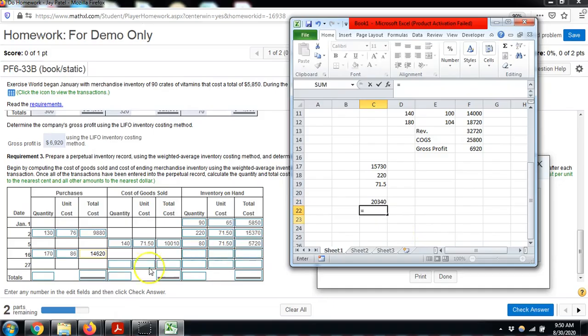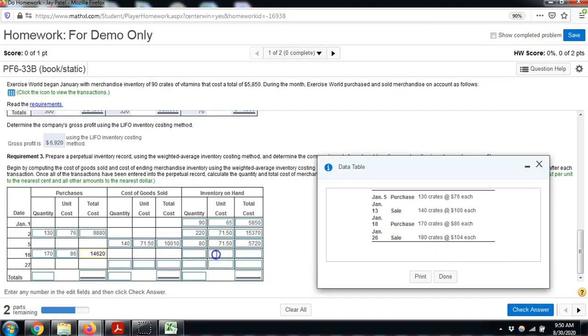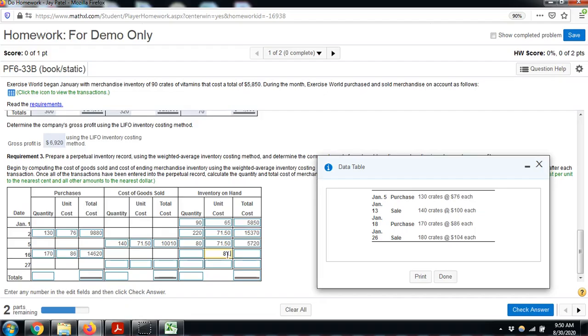And then the number of units is 170 plus 80. So when we do the division, our per unit cost is $81.36, and we have 250 units.